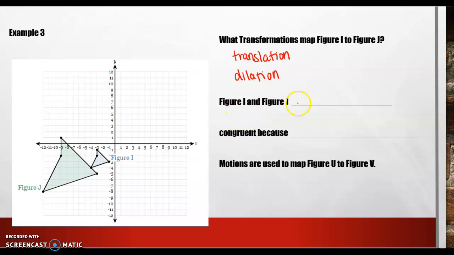So figure I and figure J are not congruent because a non-rigid motion happened with that dilation. So since it was a dilation that occurred, it is not congruent and is most likely similar.